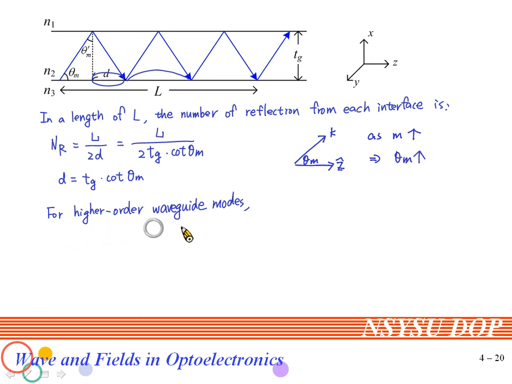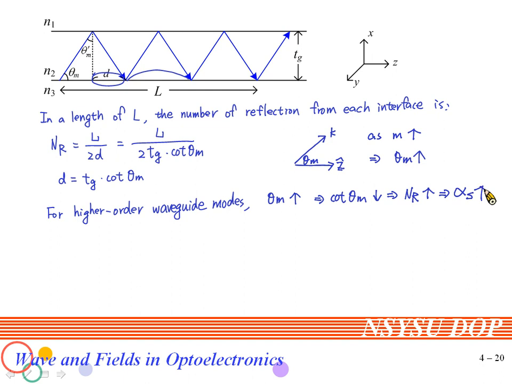So for higher order waveguide modes, theta m is increased. As a result, cotangent theta m will be reduced. Then the number of reflections from the core-cladding interface will be increased. Then we will have higher surface scattering loss.